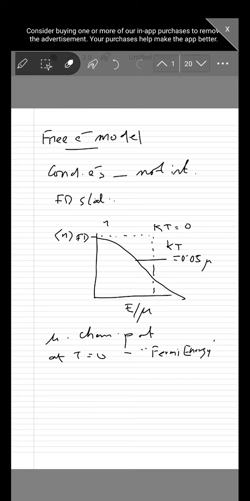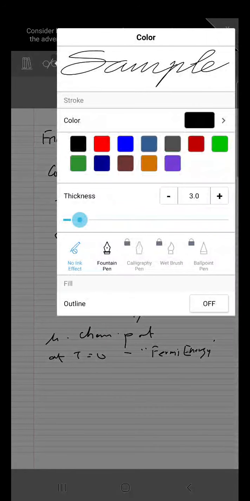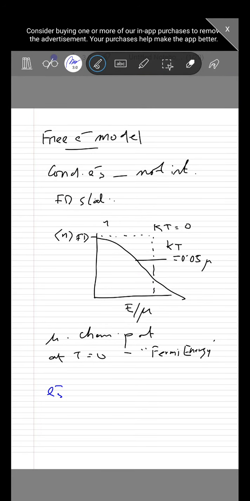When electrons are passing through tiny structures like nanostructures, then, of course, as we all know, the energy eigenstates will be discrete.